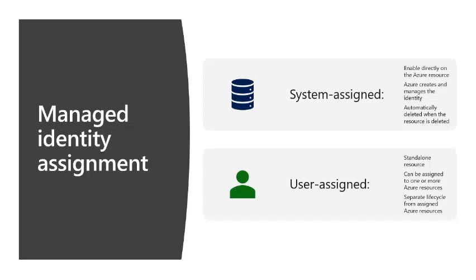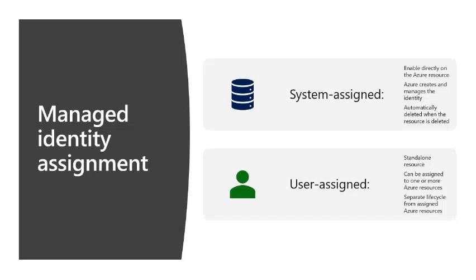There are two types of managed identity. You have system assigned and user assigned. You enable a system assigned managed identity directly on an Azure service instance. When you enable the identity, Azure creates an identity for the instance in the Azure AD tenant that is trusted by the subscription of the instance.